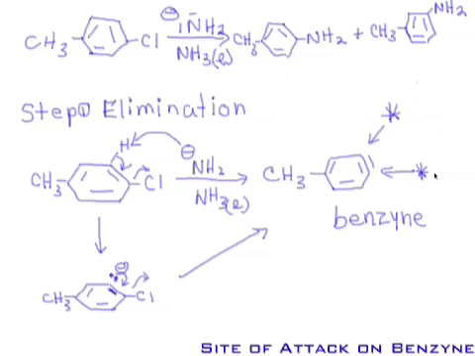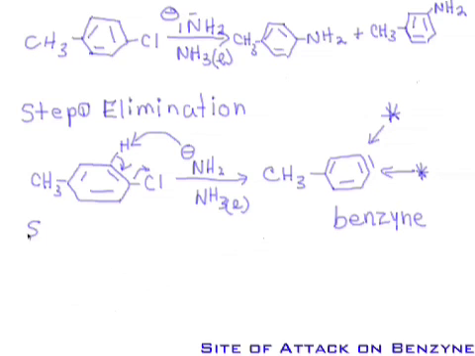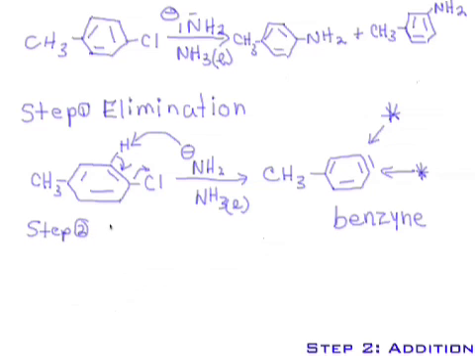Well, before we look at more evidence for the formation of benzyne, why don't we take a look at the second step? So in the first step, we get the NH2 minus attacking as a base, and we get elimination of HCl. What is step 2? Well, step 2 is addition, obviously.